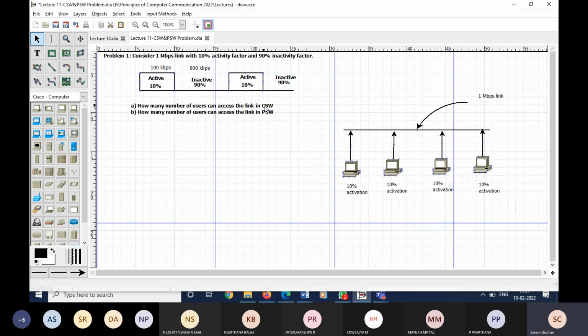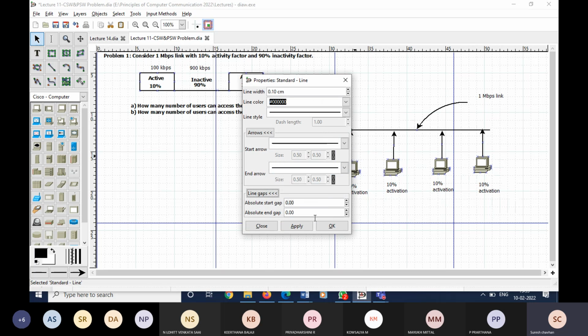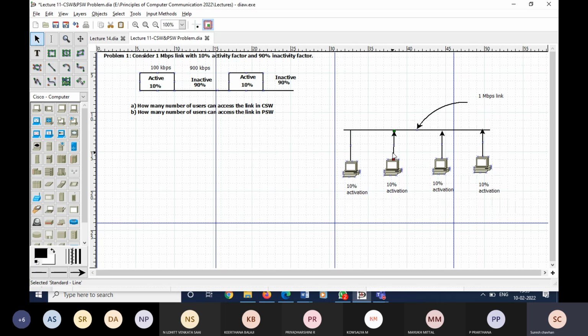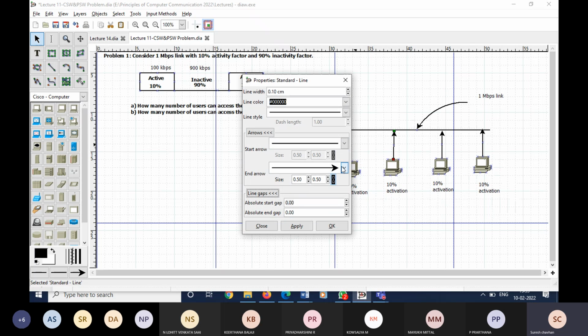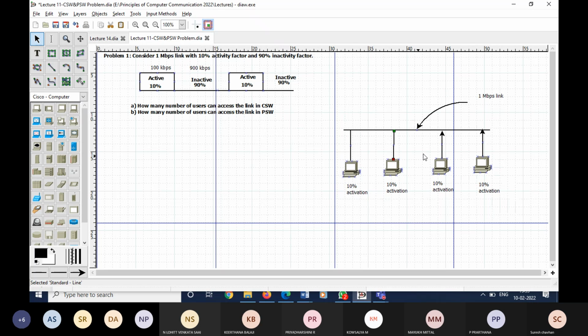if you use circuit switching, how many users can access this link? How many users can access the 1 Mbps link? That's the question I asked in the earlier class.